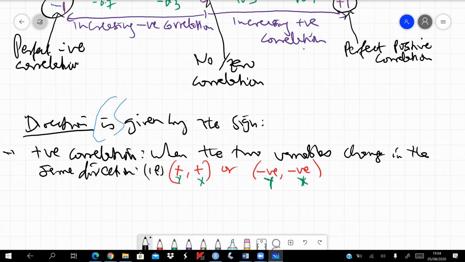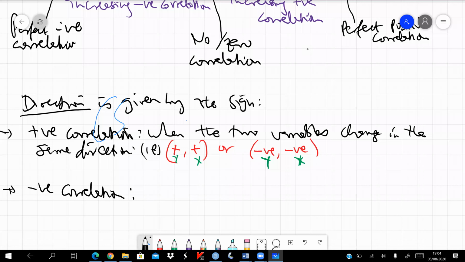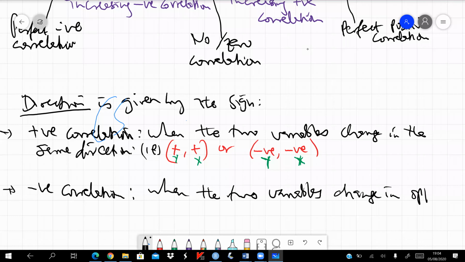And the converse is true. So we say negative correlation happens when the two variables change in opposite directions.